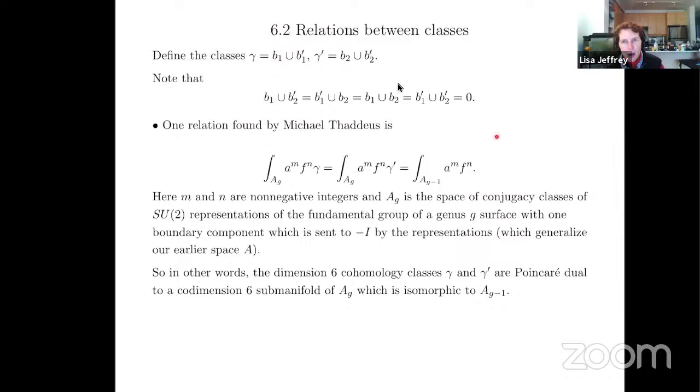Here M and N are non-negative integers, and A_G is the space of conjugacy classes of representations of a genus G surface. So we're saying the degree 6 cohomology classes are Poincare dual to a codimension 6 submanifold of A_G, which is isomorphic to A_{G-1}.